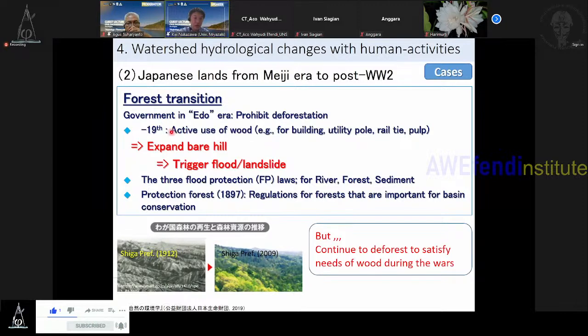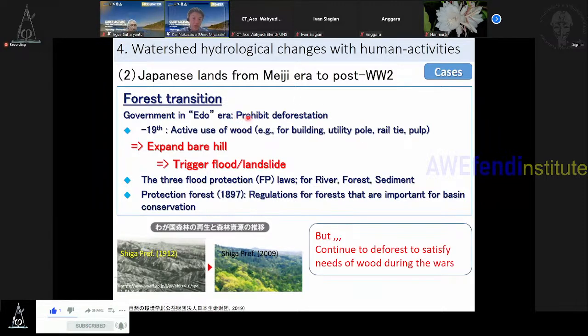So the government around 400 years ago, the Edo government, and the Edo era started in 1600 to 1868. So for 280 years the Edo era continued.